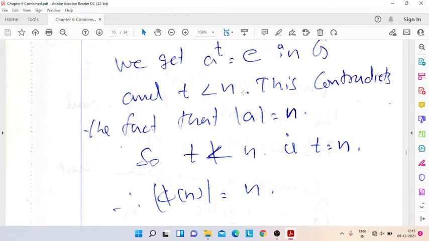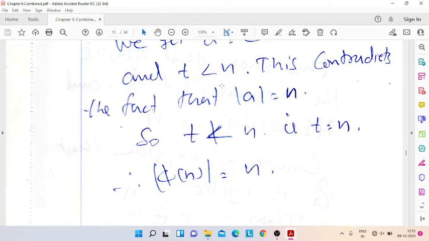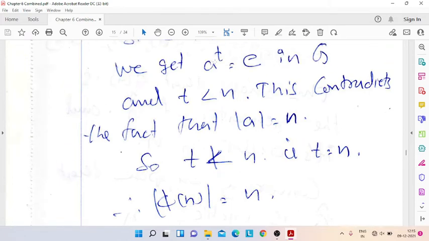If we assume that t is less than n, then using the statement a raised to t equals e, there exists a number t less than n such that when a is raised to that power, we get the identity element in the first group.